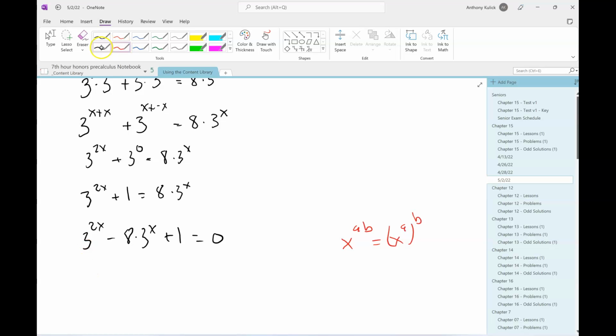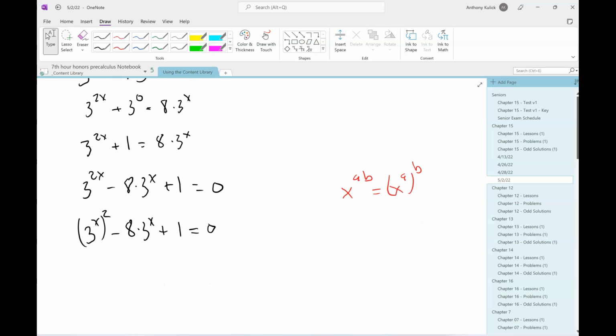So I can take 3 to the 2x and think about it as 3 to the x squared. You buy that? Well, 2 times x would be the same thing as x squared, right? That's an exponent property from last year. Yeah, that's an oldie, but it's a goodie.